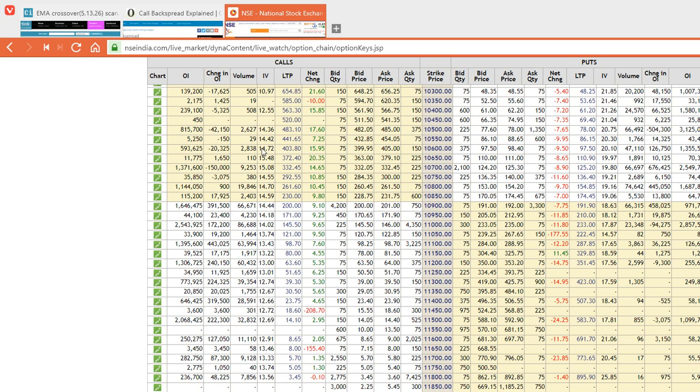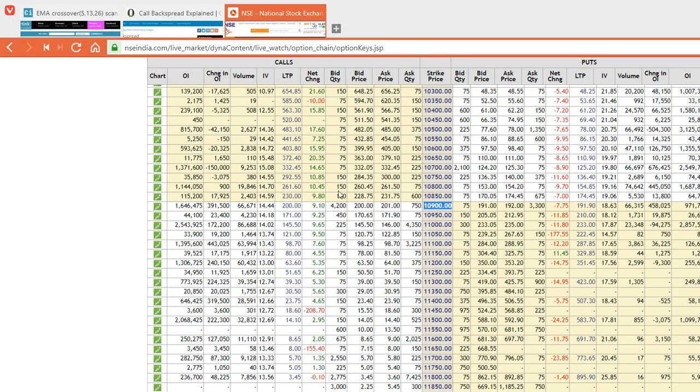Ideally, you can pick up any in the money strike price here, and you can probably take 200 or 171 based on your investment and things like that. For example, you construct 10,700 and 10,950. You can also take 900 calls.